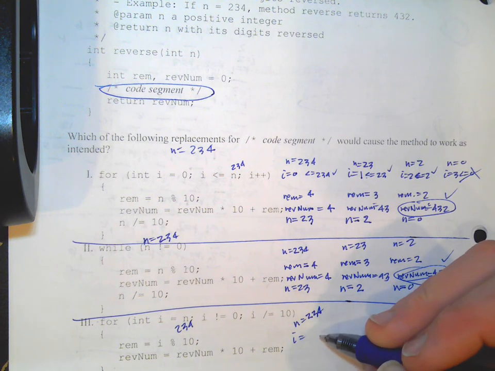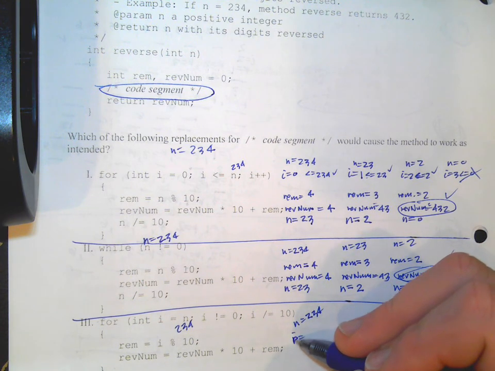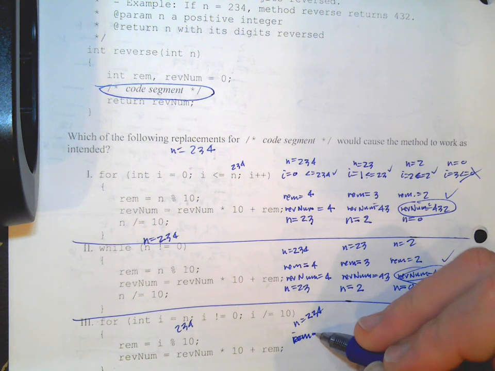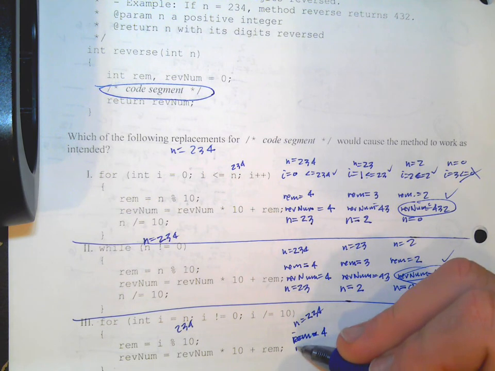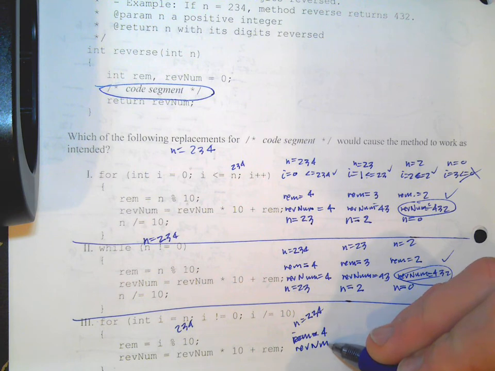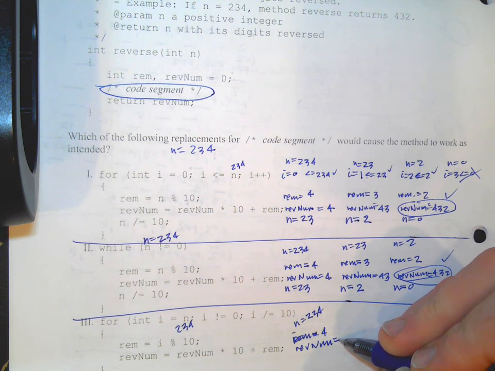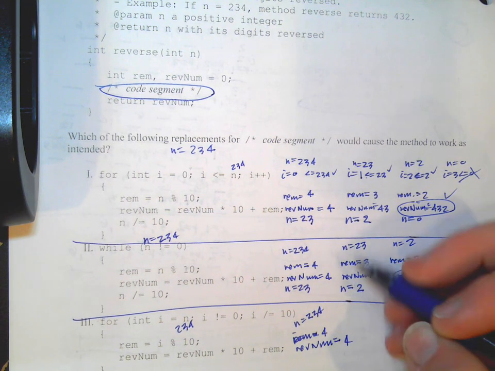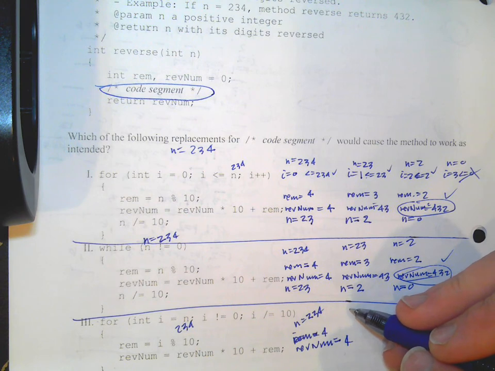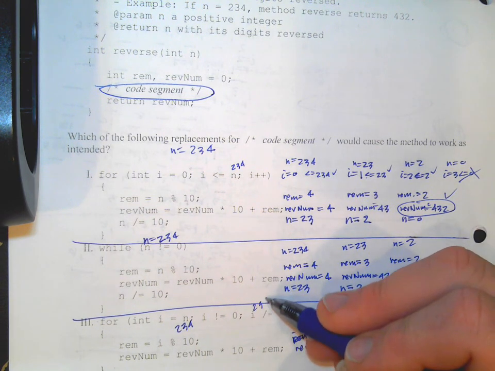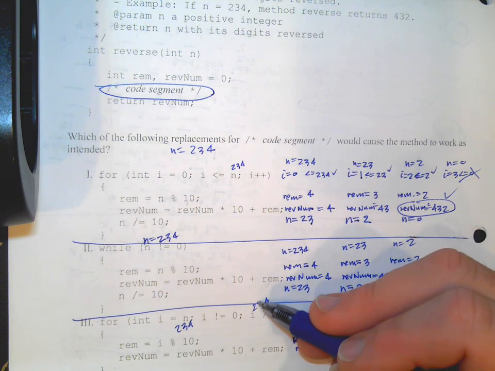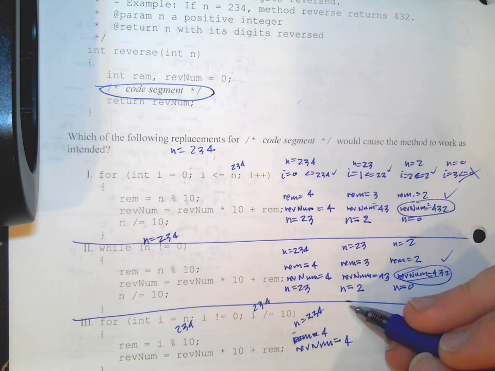Then remainder equals i, which is 234 modulus 10, which is going to be 4. And this one has a rev num that is going to equal 4. And then we go back up here, and what happens to i is it's going to be 234 divided by 10, which is 23.